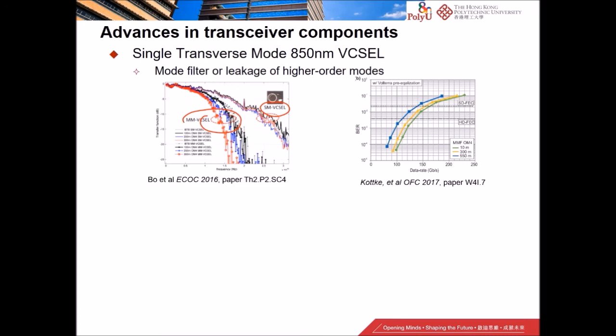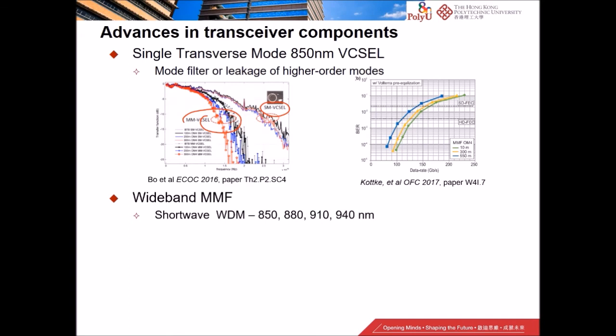They were able to demonstrate about a 160 gig DMT signal, and what they do is use some pre-equalization at the transmitter to compensate for some of the impairments from the intermodal dispersion and also from the multimode VCSELs.